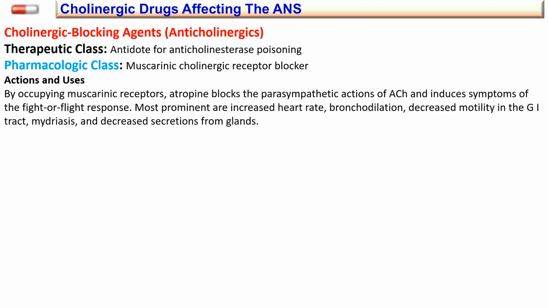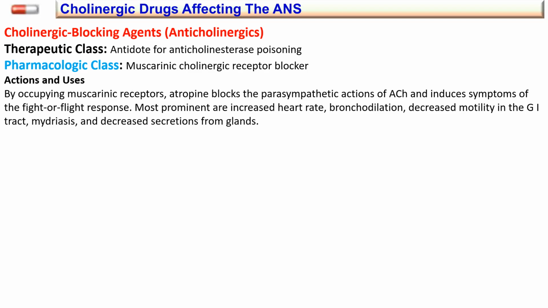So, therapeutic class: antidote for anticholinergic poisoning. That's the cholinergic blocking agent, anticholinergics like atropine. The mechanism of action of these medications is that they occupy muscarinic receptors, the M receptors.